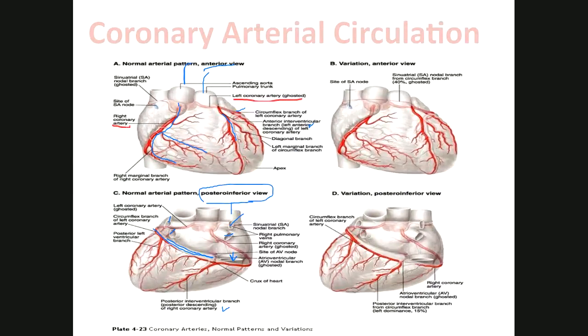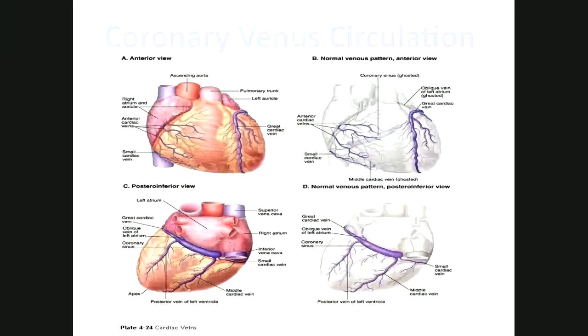In this posterior image, we can see that posterior interventricular branch coming off of the right coronary artery. The veins, same thing. We can see the great cardiac vein in the front of the heart, and the middle cardiac vein in the back of the heart.